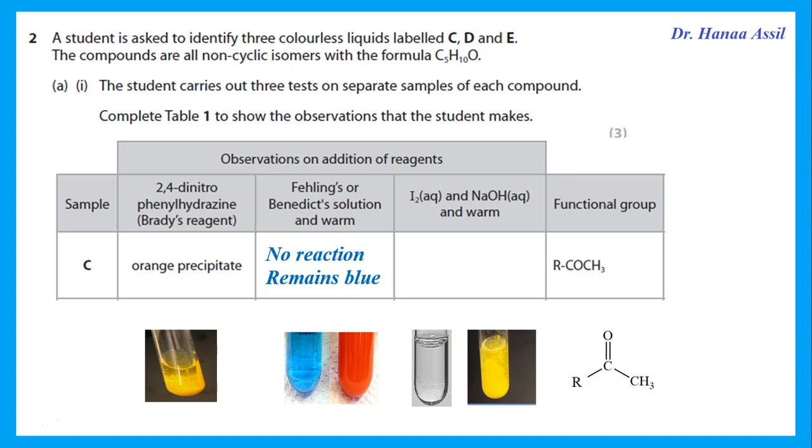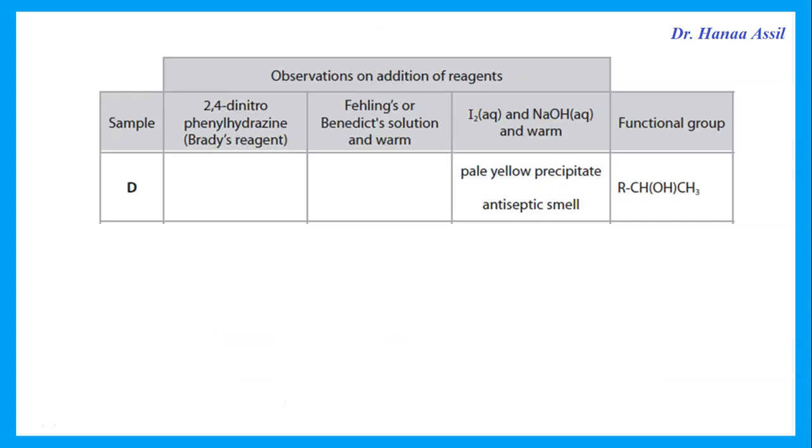So what is the positive result? If I have C double bond O CH3, I should get a yellow precipitate.